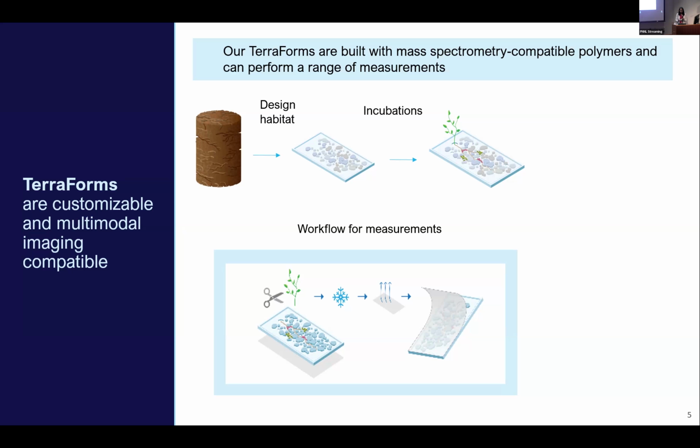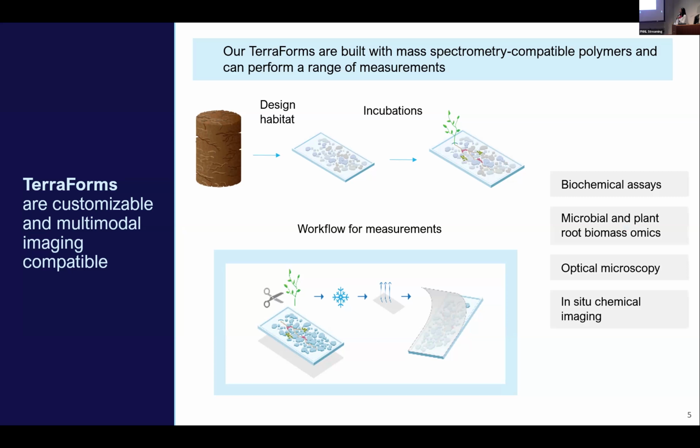So we have workflows where we first do the incubation, track growth using optical microscopy, and in the end, we are able to collect biomass through processes such as lyophilization, so as to end the experiment at that point in time, and then send them to various types of characterization, like mass spec, or even to a different lab.